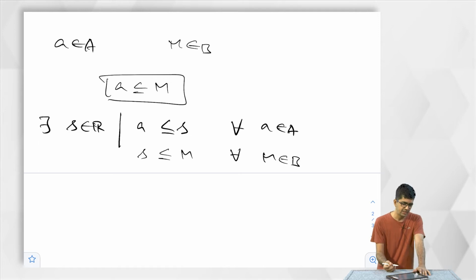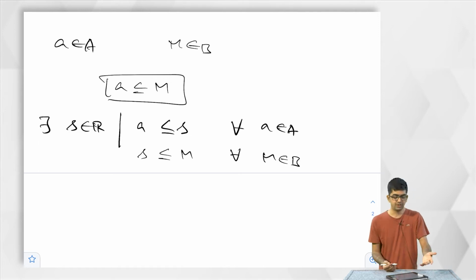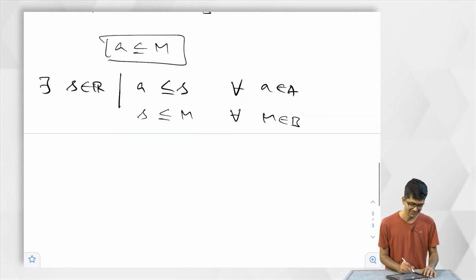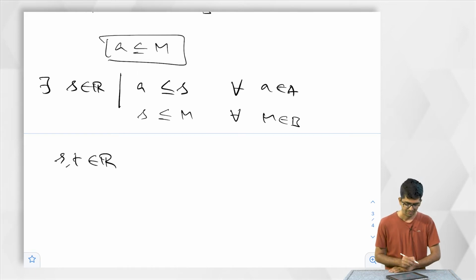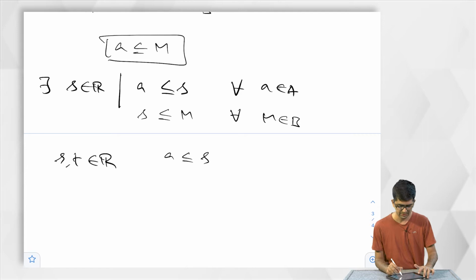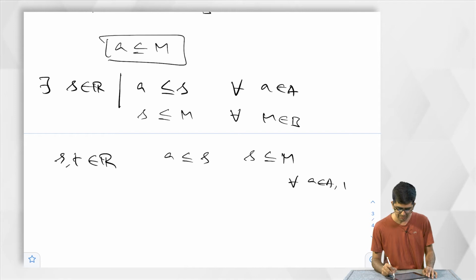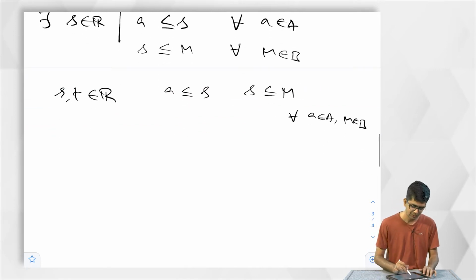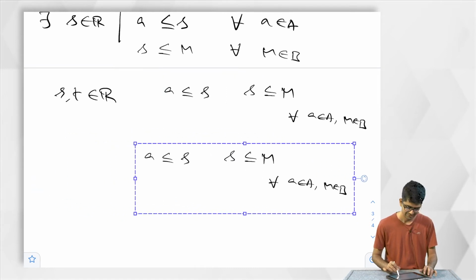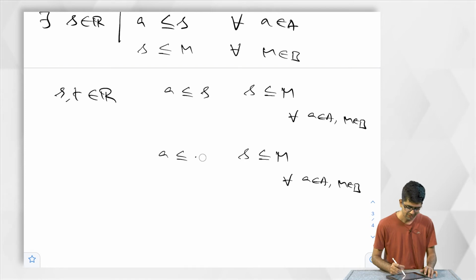Now, we need to make some observation here. It is possible that there may be two elements satisfying this condition, right. So, let us take S and T belongs to R such that A is less than or equal to S and S is less than or equal to M for every A belongs to A and M belongs to B. I can write down the same thing for T here, right.